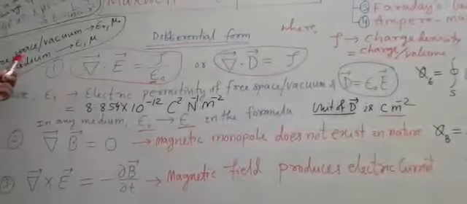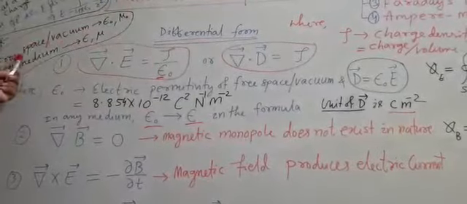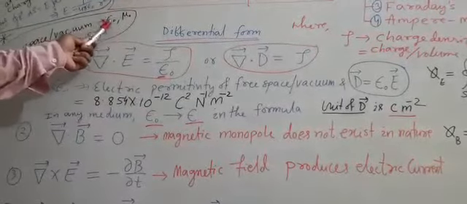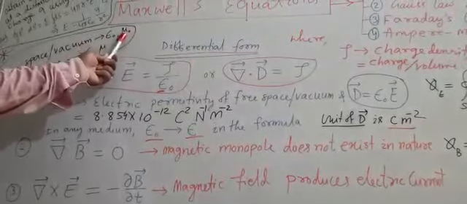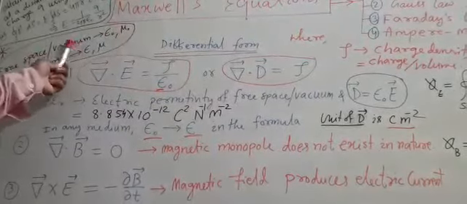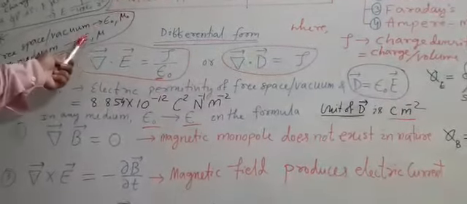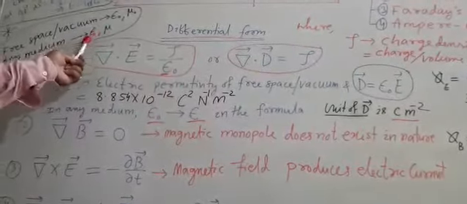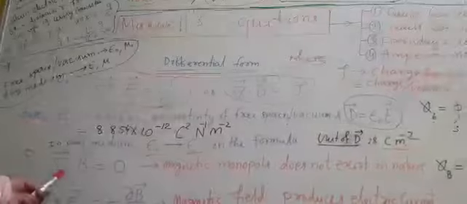If you generalize, for free space or vacuum you take epsilon naught and mu naught, but in any medium you take epsilon and mu. These are the changes between the vacuum and medium cases.